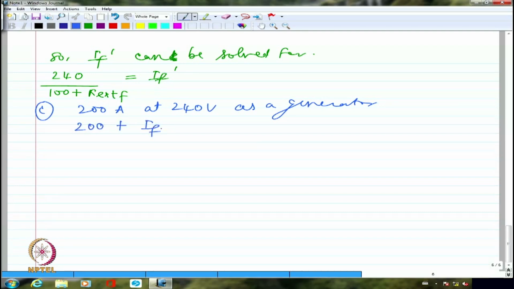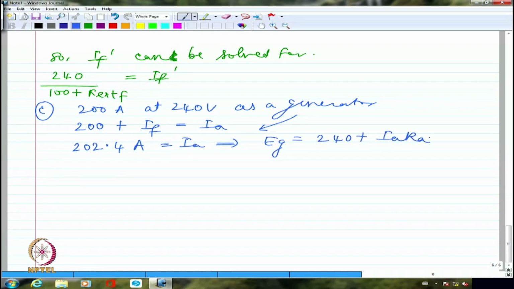I don't know whether this is with field current as in B or field current as in A. I think I have calculated it with field current as in A in my solutions, which is 2.4 ampere. So 200 plus IF will be IA as a generator. So I am going to have 202.4 ampere as IA, from which I can calculate EG equal to 240 plus IA RA drop. Right? So I would be able to get the generated voltage.